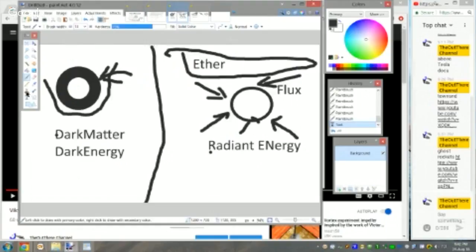So if you have a look at these other diagrams again, so this is our conventional thinking of space-time and how it bends space, and gravity is caused by the curvature of space. And this is the idea of Tesla that he said he found was a 4th dimensional layer of energy where atoms are always absorbing energy.